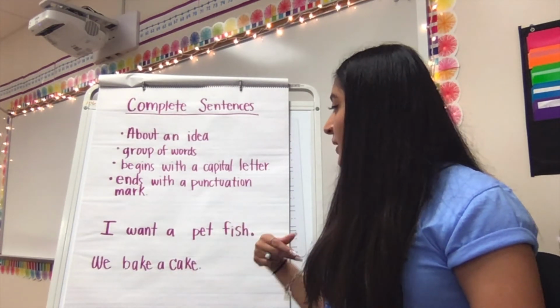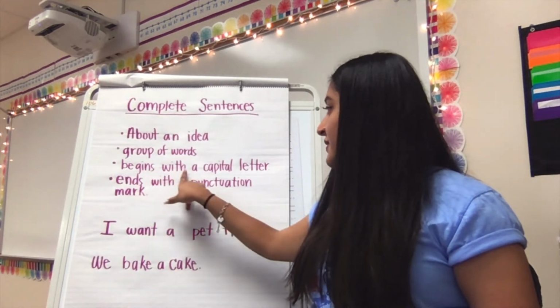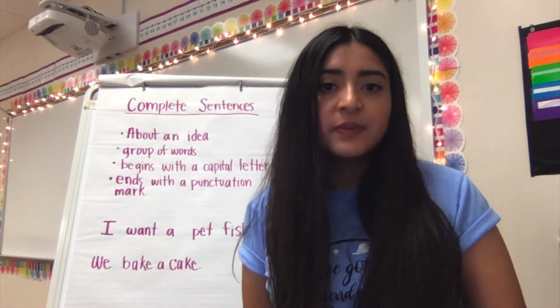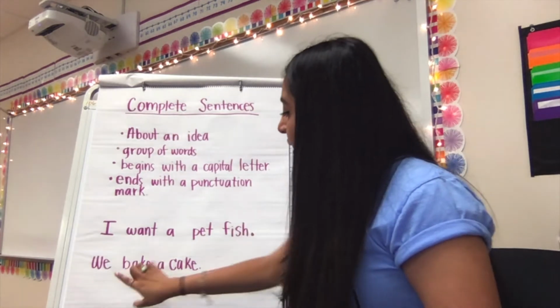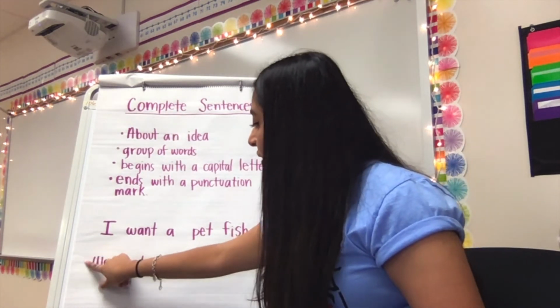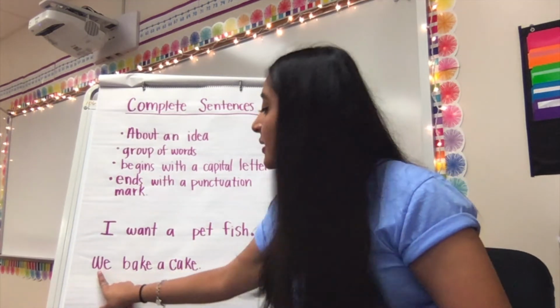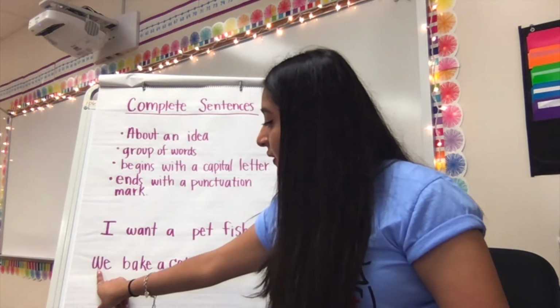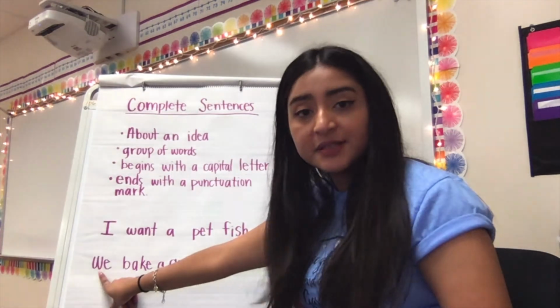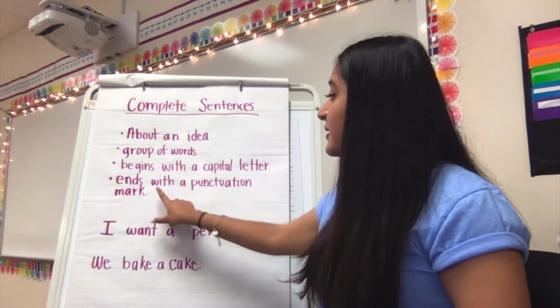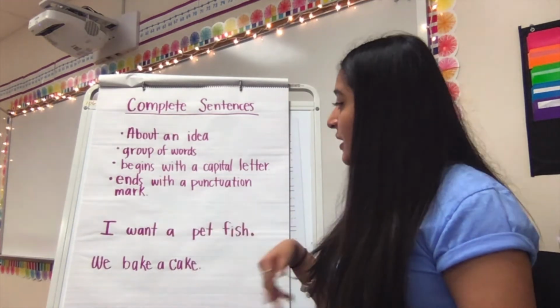The next thing we need to see is if it begins with a capital letter. And we know a complete sentence begins with a capital letter. Here, our first word in the sentence is we, and we can see that we starts with a capital W. So our sentence does begin with a capital letter. And the last thing is, does it end with a punctuation mark?